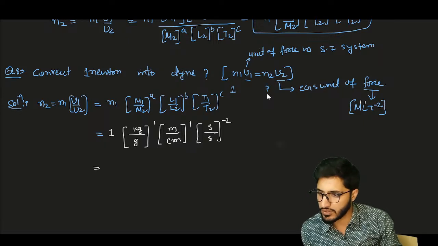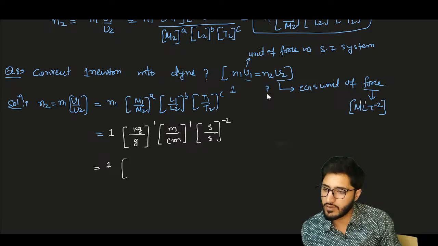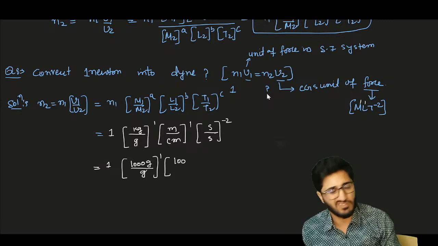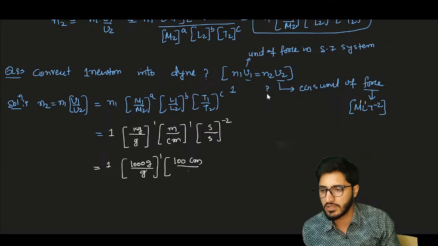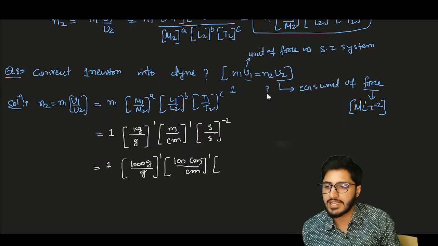So now look, 1 is 1. In 1 kilogram we have 1000 gram. Gram is gram, and 1 is 1. In 1 meter we have 100 centimeter. Second cancels out, so we have 1 to the power minus 2, which is only 1.